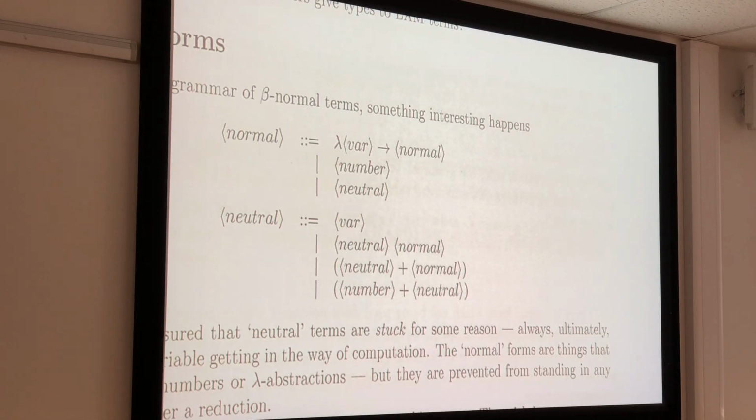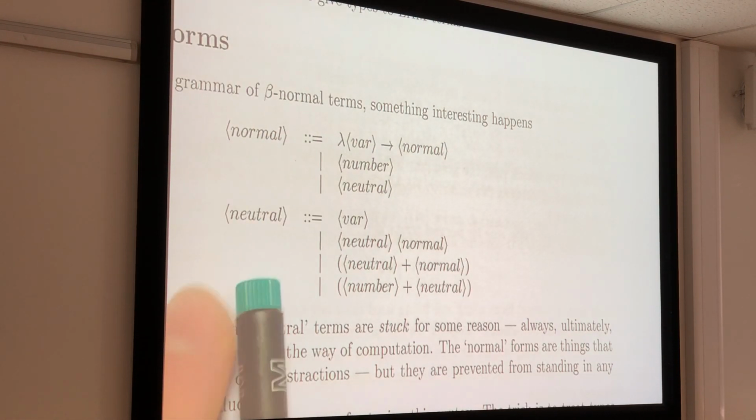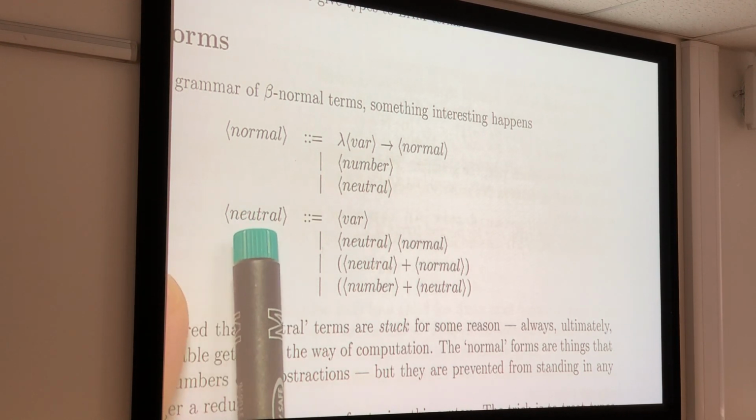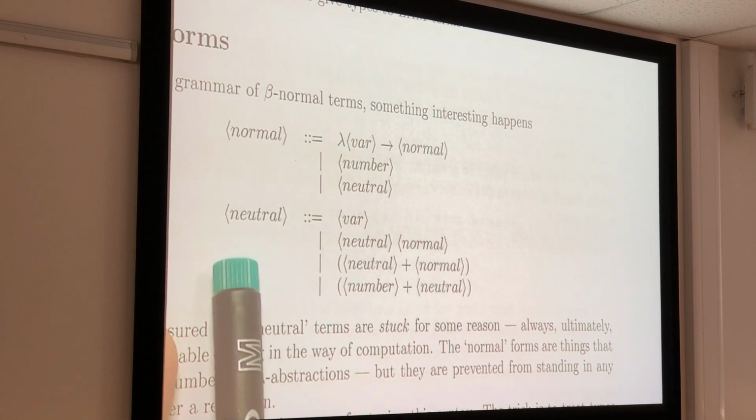That's to say, things you could end up in when you've finished reducing a lambda term. What's going on? Instead of just having terms, we have things called normal terms and things called neutral terms. And the idea of a neutral term is that it's something that has got stuck on the way to becoming a value.